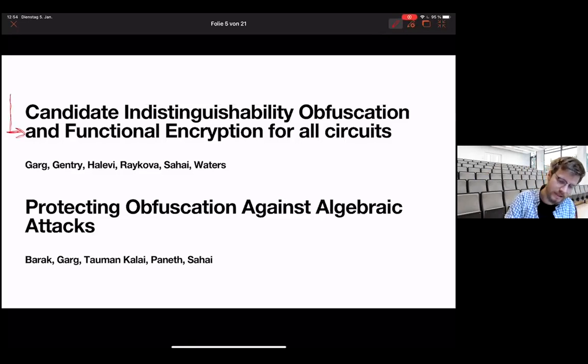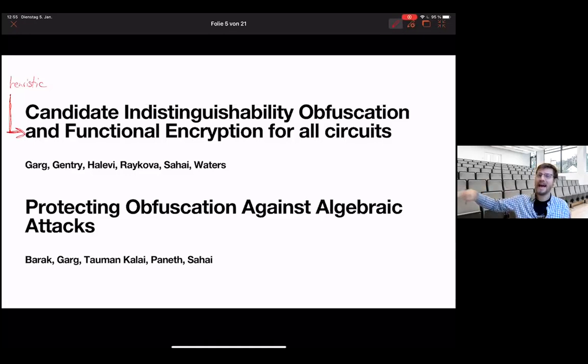So this was basically a heuristic construction. So really, they put something together, they couldn't break it. That's typically not the best way of approaching cryptographic design, but in that case, it was kind of warranted because we didn't have any constructions of general purpose indistinguishability obfuscators before this work.